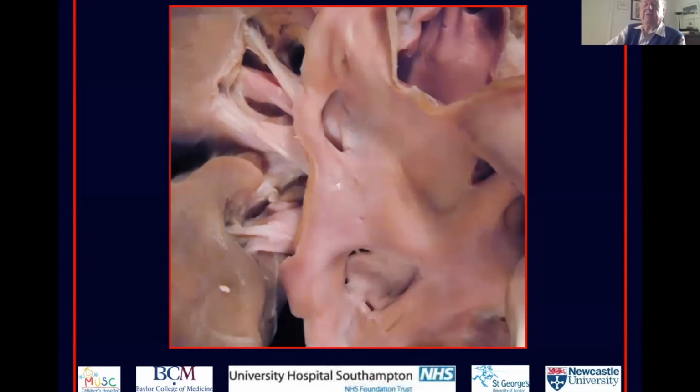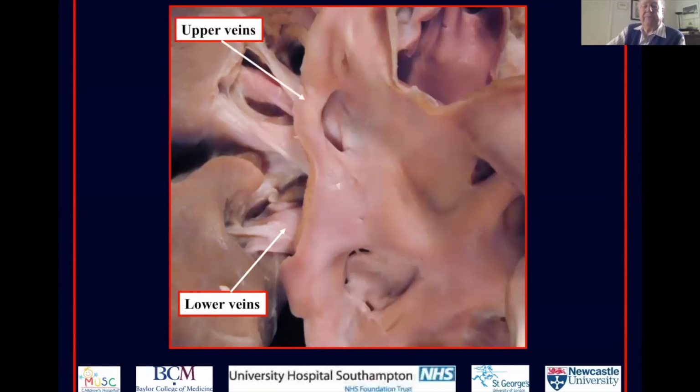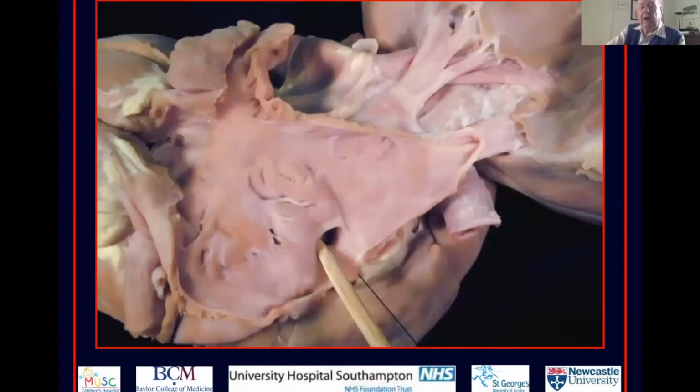Again, we're looking at it from the right side, but this time I've opened out the junction between the superior caval vein and the right atrium. The lower pulmonary veins from the right side are still connecting into the left atrium, but the upper vein is draining anomalously into the superior caval vein, but it is creating a defect that is well away from the oval fossa, and that defect is the sinus venosus defect.